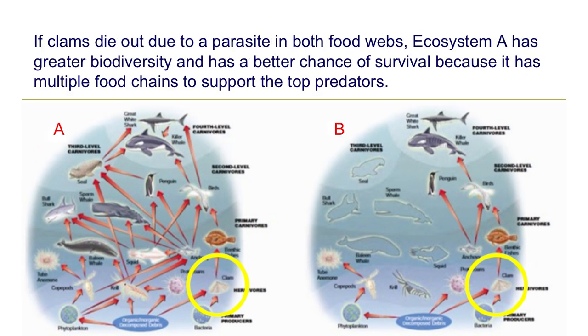So if you take out the clam here, most of the other things can eat other things so that it won't make as big an impact. But if you take it out of a system that doesn't have biodiversity, then the whole system will crash.